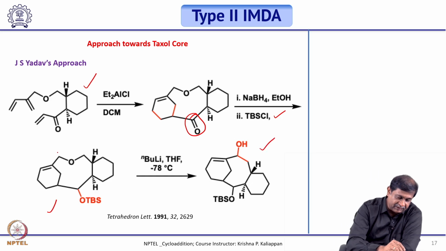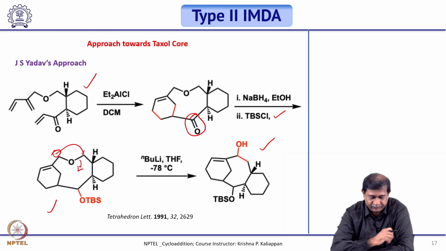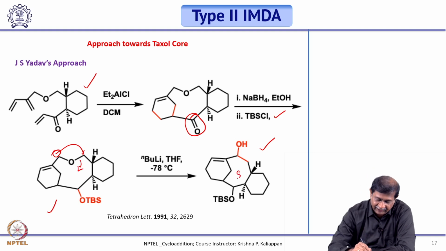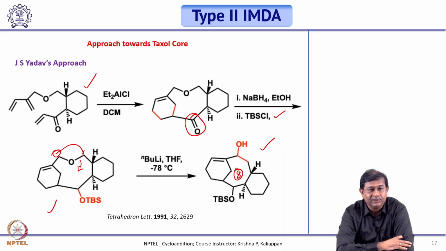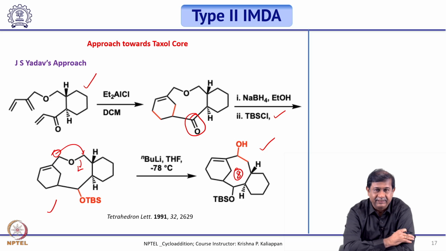So, basically what happens when you treat with butyllithium, it generates an anion and it attacks this carbon and breaks this C-O bond. So, that is how he constructed the middle 8-membered ring of Taxol using this nice combination of intramolecular Diels-Alder reaction type 2 and Wittig rearrangement.